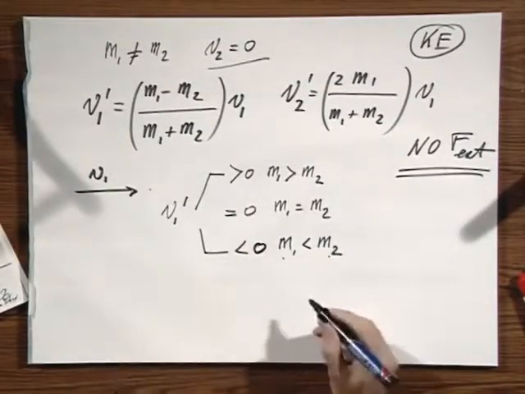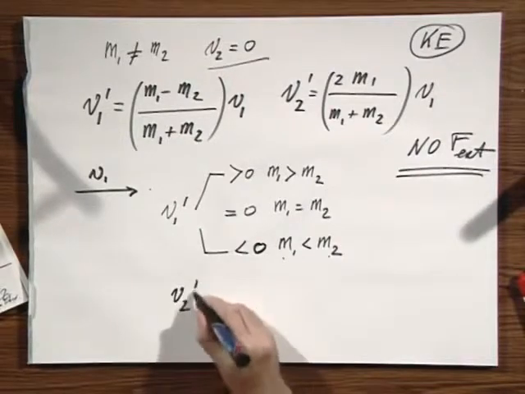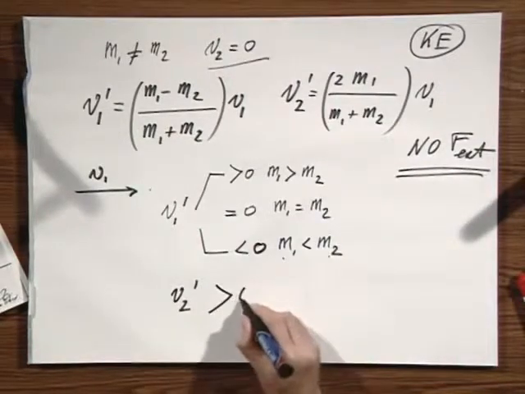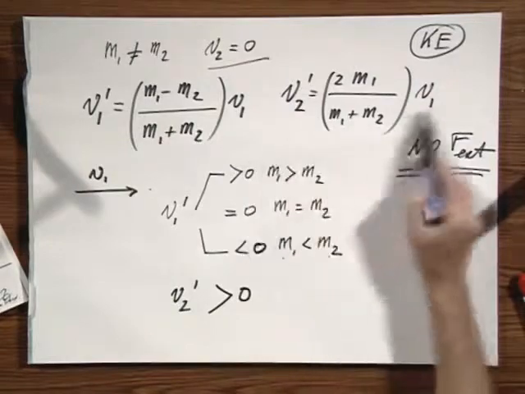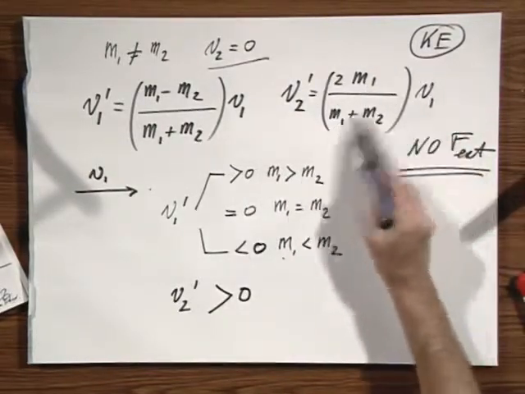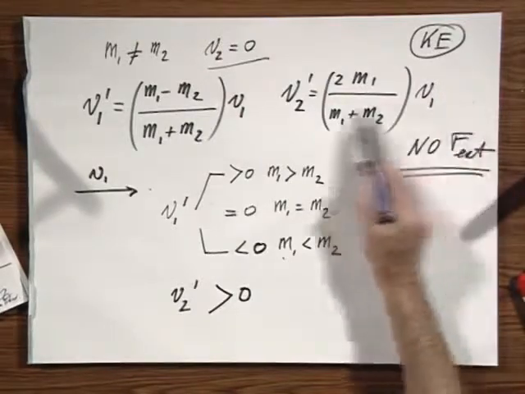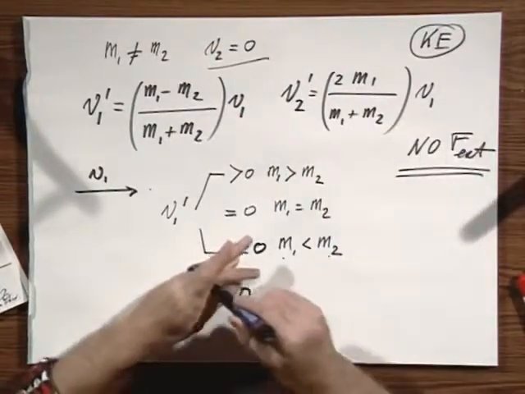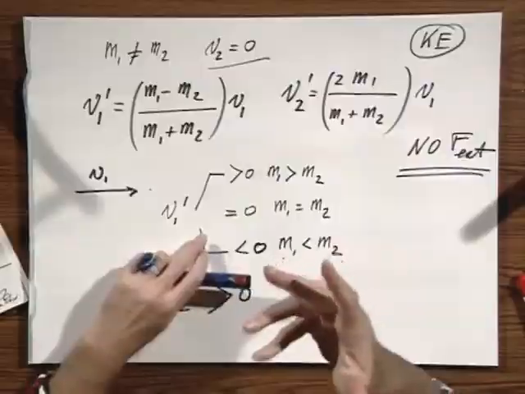in this direction. However, V2 prime is always larger than 0. Notice, no matter how you choose M1, M2 or V1, if V1 is in the positive direction, then V2 prime is also in the positive direction, and that is also very intuitive. Because if I have here an object and I hit it, obviously it must go in this direction.